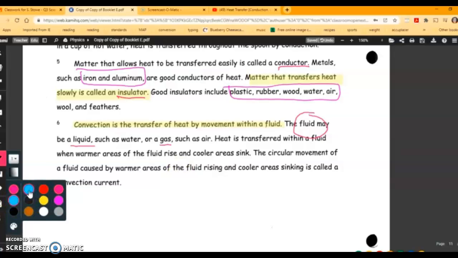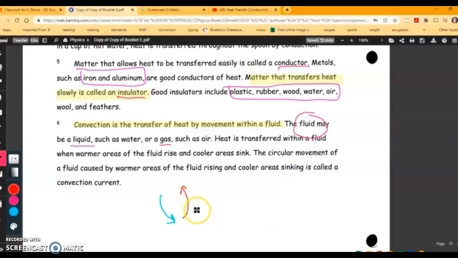So, in order to really understand this, they talked about the convection current, which is a cycle of cool air being pushed down, and we have warmer air being pushed up to a less dense area.